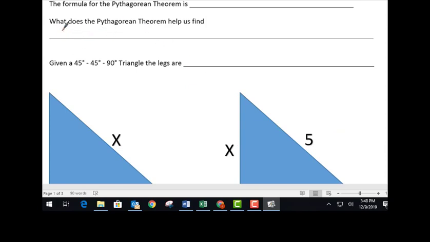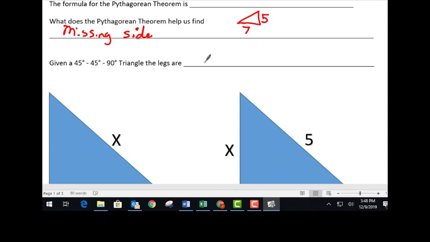We can use it to find a missing side. In other words, if you had a triangle and we knew two of the sides, let's say I had a 5 and a 7, I could find the value of the other side, right?